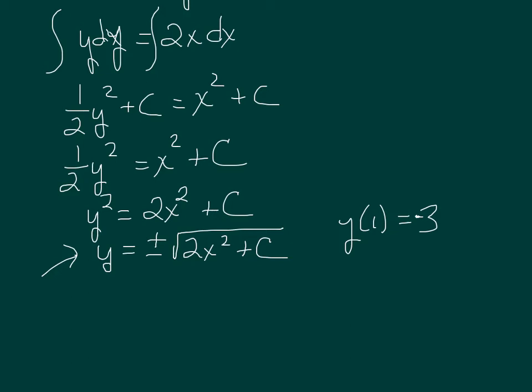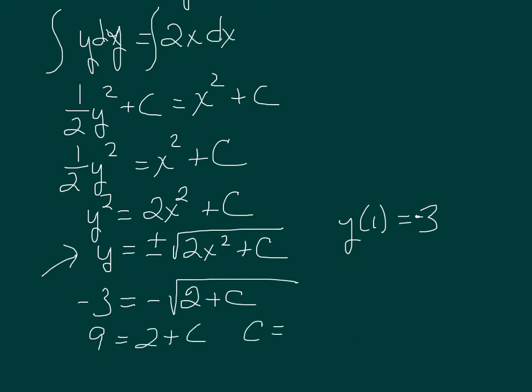So let's go ahead and fill in -3 equals the opposite of the square root of 2 plus c. We square both sides and we get 9 equals 2 plus c. So c equals 7.